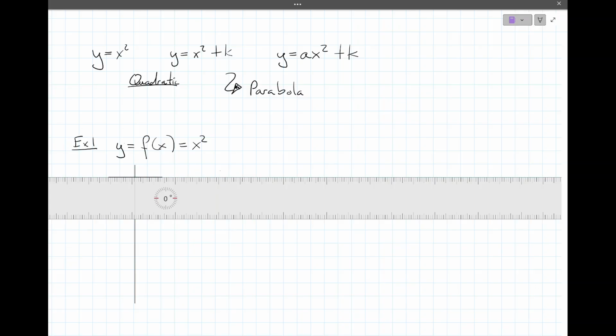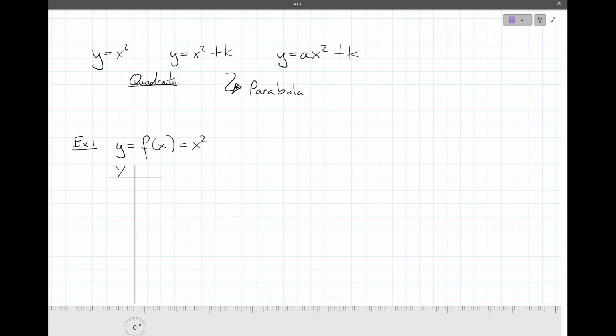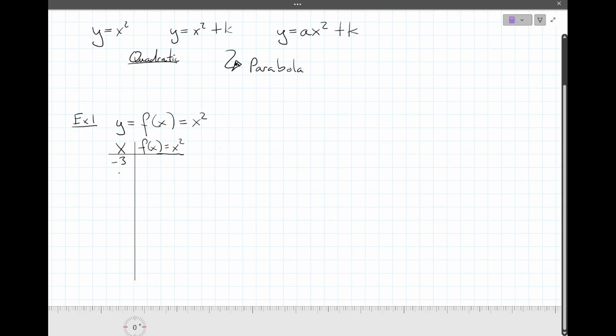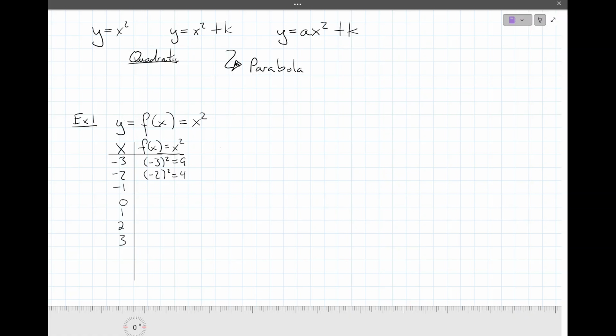First off, let's look at our x values. So this is x, and this is f of x equals x squared, and this makes an xy coordinate pair. So let's look at values of negative 3, negative 2, negative 1, 0, 1, 2, 3. Well, this will just be negative 3 squared, making it 9. This will be negative 2 squared, making it 4.